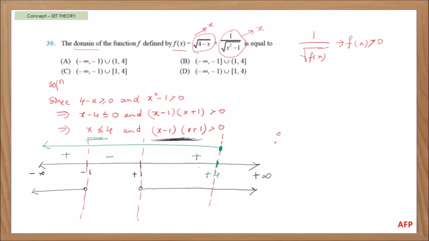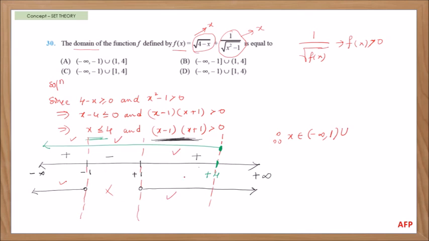Therefore x belongs to, here the green line and black line both are there, so minus infinity to minus 1, excluded, only because it is an intersection. Next, here the green line is there but the black line is not there, so we cannot take this interval.